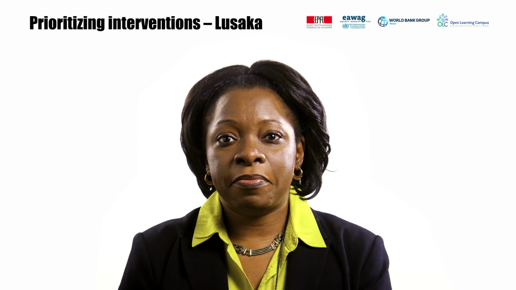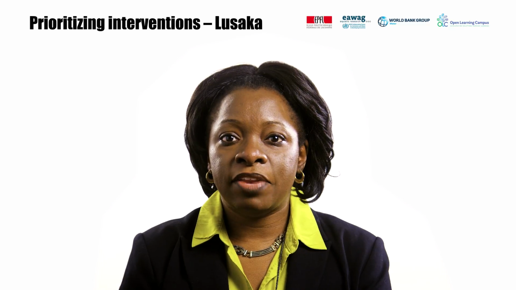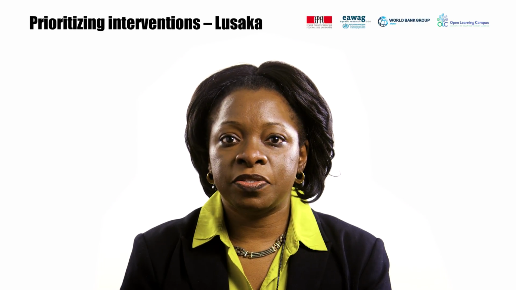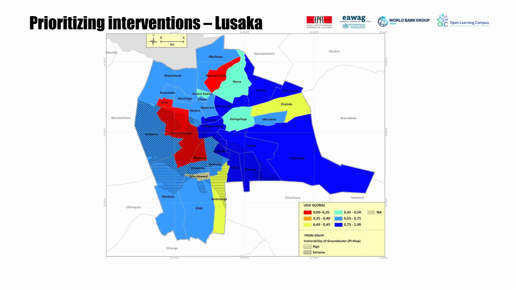The preceding information can then be combined with the findings of the Urban Sanitation Status Index, which, in the case of Lusaka, was based on a geographically stratified survey of about 1,500 households across the city in order to prioritize project interventions.